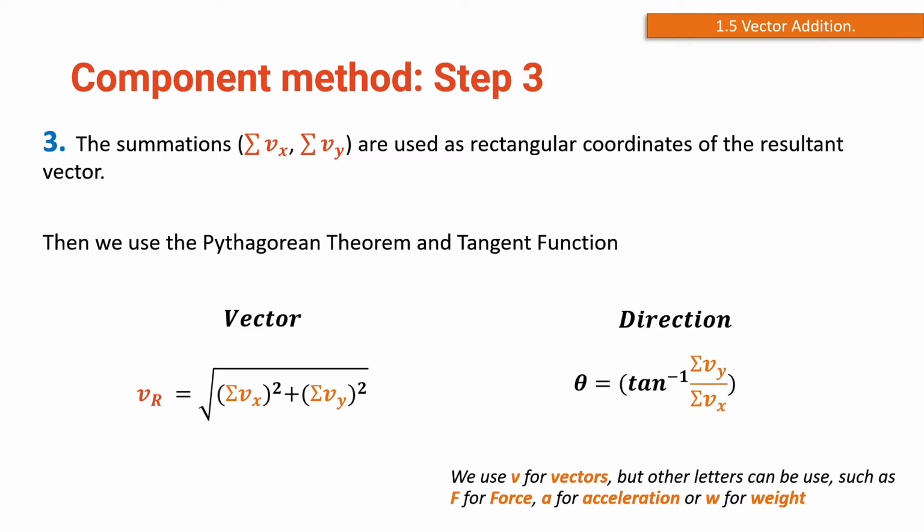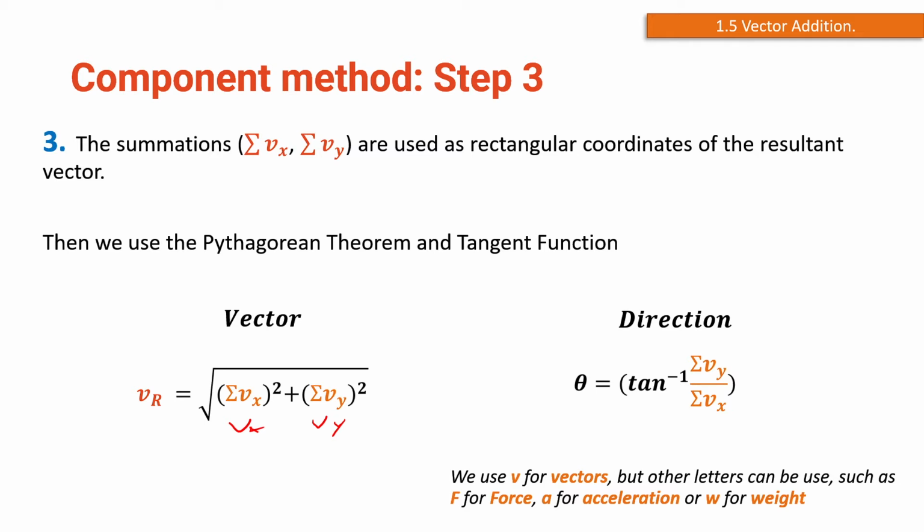And then we will use the Pythagorean theorem and the tangent function to get the result as a polar vector or as a polar coordinate. In this case, the only difference is that instead of using Vx and Vy, you will use the summatory of the Vx and the summatory of the Vy, the summatory of the x and y components.